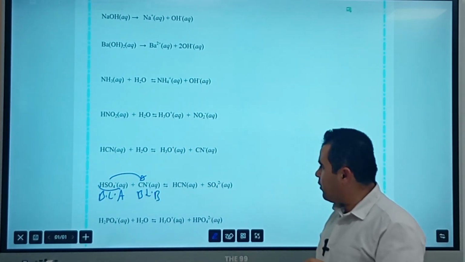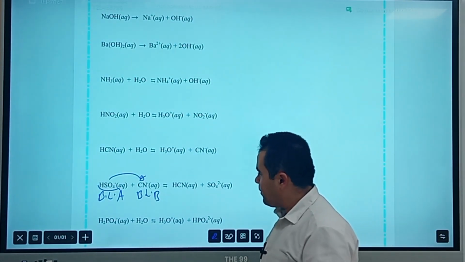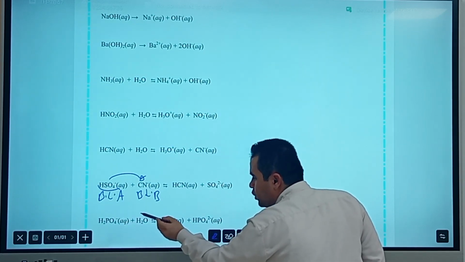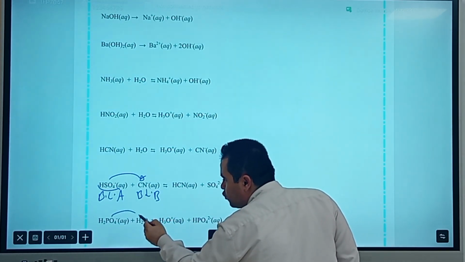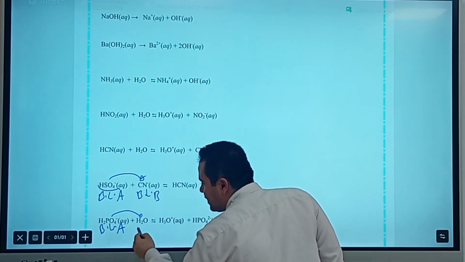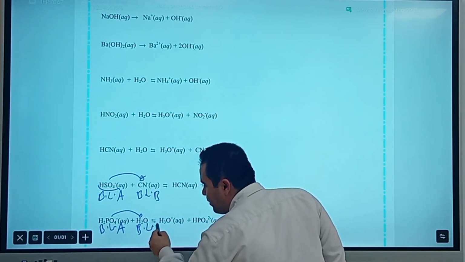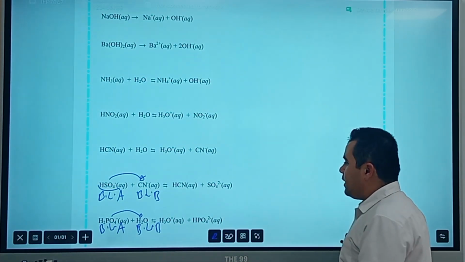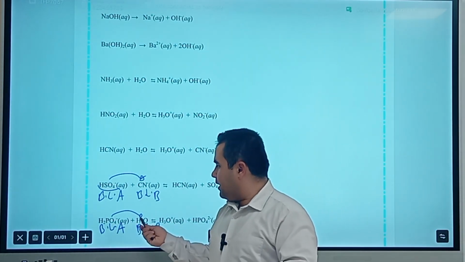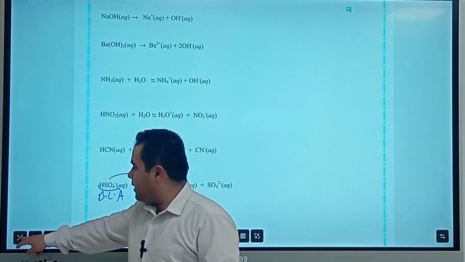Because Arrhenius acids and bases are not ions. Another example, H2PO4 negative, which donates a proton to water, becomes a Bronsted-Lowry acid, and H2O is a Bronsted-Lowry base. None of them is Arrhenius, because this is an ion and H2O is not defined by Arrhenius as an acid or base.